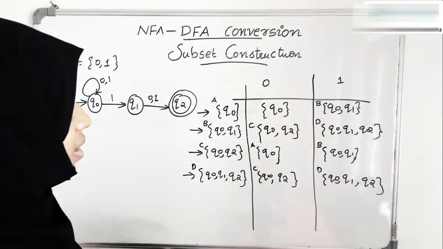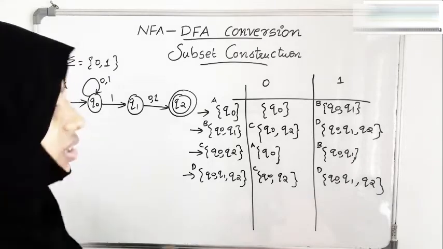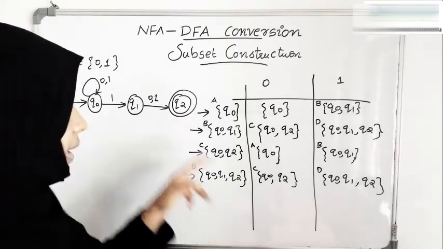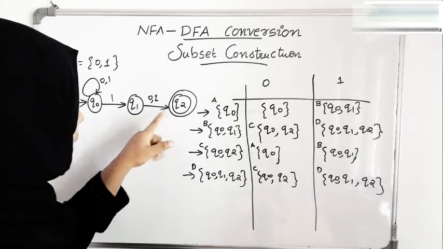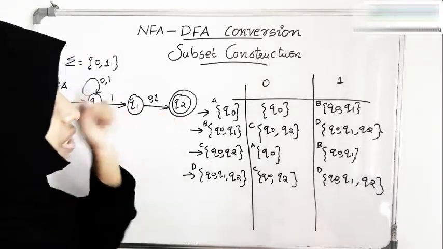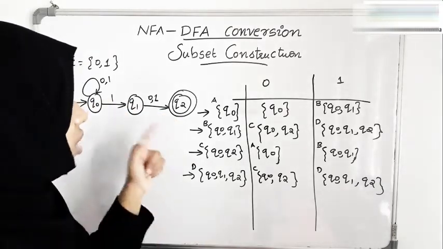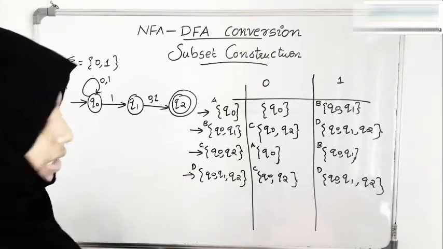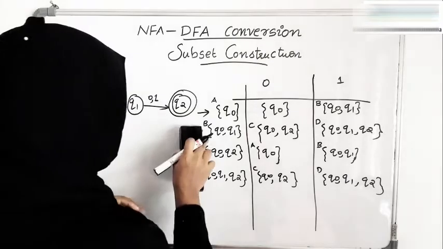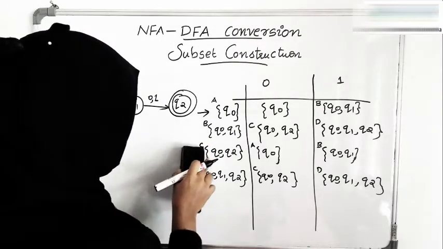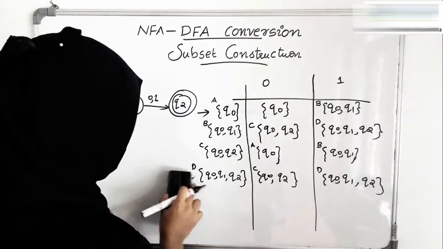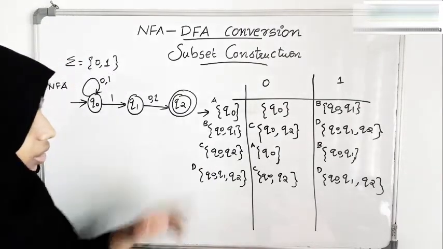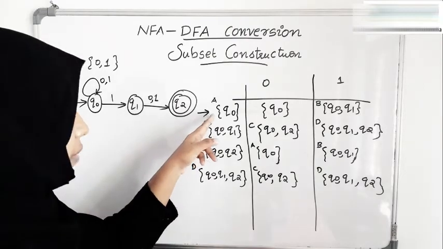Again, the final states are the set of states that contain the final state of NFA. The final state of NFA is Q2. So all the sets of states that contain Q2 are the final states. Sorry, I have put this arrow unknowingly. This arrow will be put only for the start state.